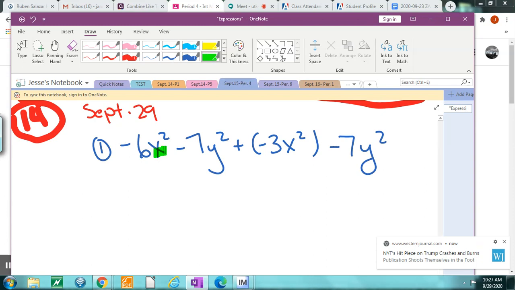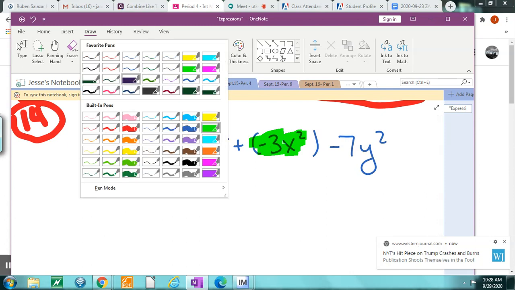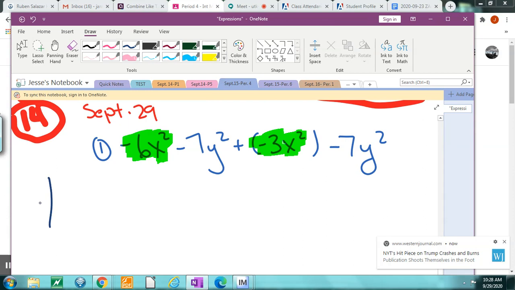You have this x squared, this variable that you're squaring, and you have the coefficient negative 6. So where's your other x squared? Right here. So you're going to use the negative 3x squared. When you do the t-chart, you get negative 6x squared and the negative 3x squared.